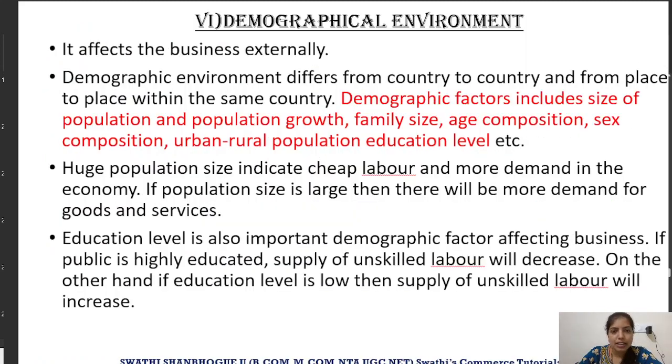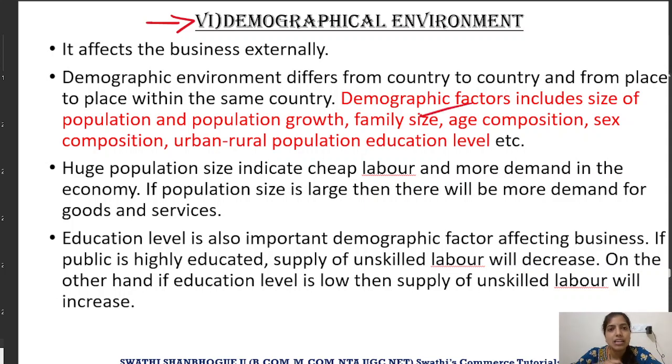Okay. Now we will move on to the next type of environment, which is your demographic environment. Demographic environment includes factors like population and different aspects related to population. That is, how much strength of population does a country have?